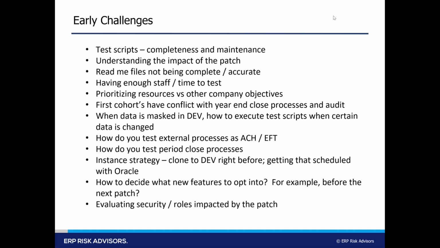The challenge really there is for organizations that are in the first cohort, the A cohort, the first month of the quarter, often that becomes a challenge to get through the testing cycle and evaluation with other things like month-end and year-end close processes and audit processes. So that is definitely a very important consideration for companies that are going live: what cohort cycle they're going to be on, and whether they can align the resources with the A cohort cycle if they so choose.